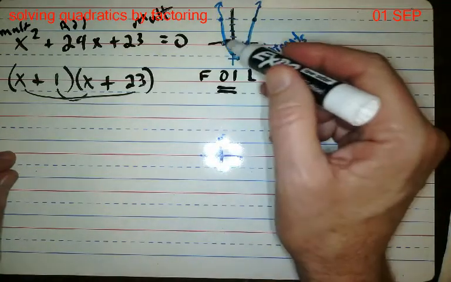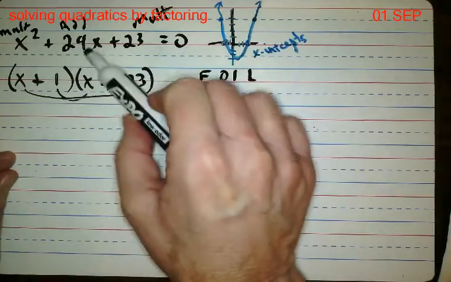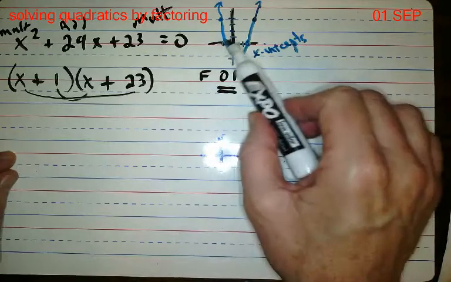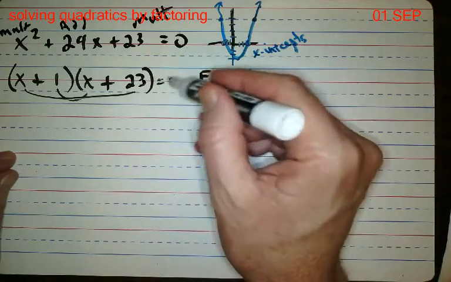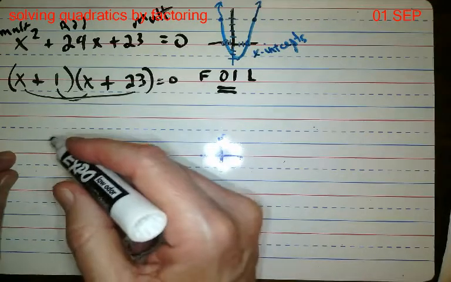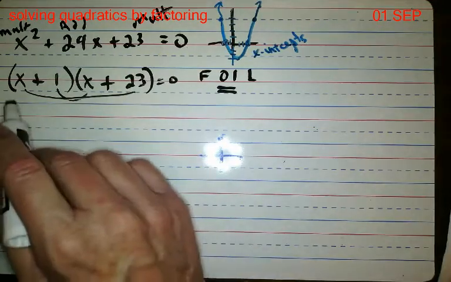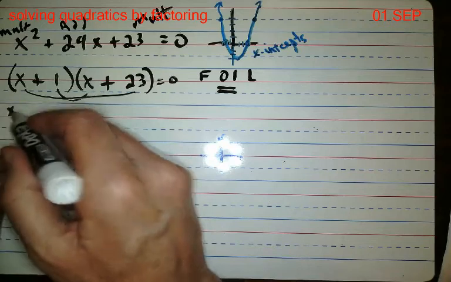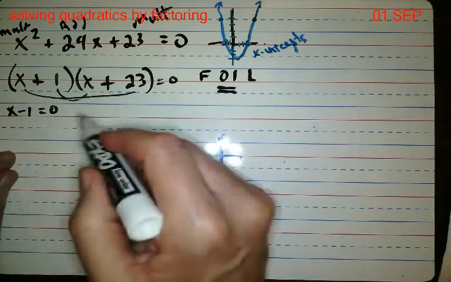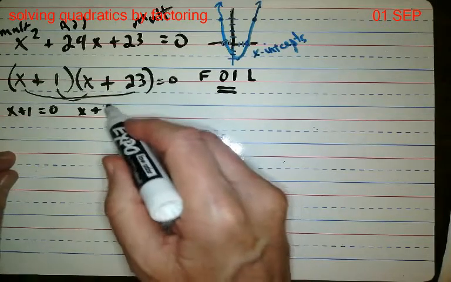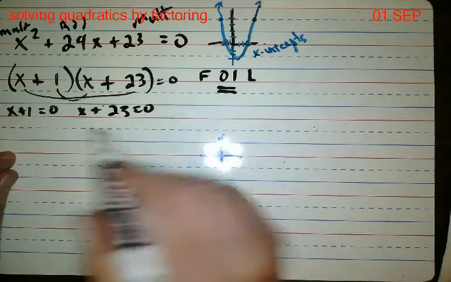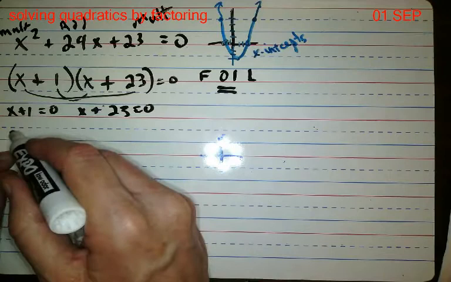We're looking for the x-intercepts. Where does this parabola cross the x-axis? And so what we did the other day, just Friday I think it was, you were saying x plus 1 equals 0, and x plus 23 equals 0. And you said, well, what makes this true?